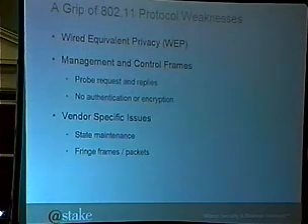So we all know there's a lot of problems with 802.11, and a lot of corporations are making the buy/no-buy decision based upon these issues that exist. I'm not going to talk about WEP. I'll mention the issues with WEP, but that's been done to death. I will touch on some of the issues with management and control frames, such as probe requests and probe replies, the fact that there's no authentication or encryption. I won't talk about specific vendors, but I will note the fact that there are vendor-specific issues.